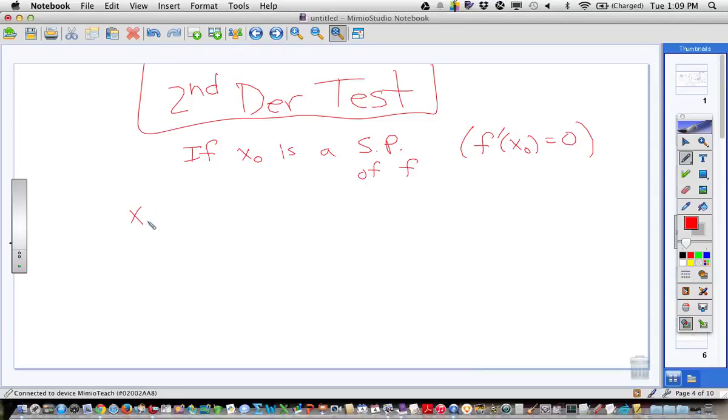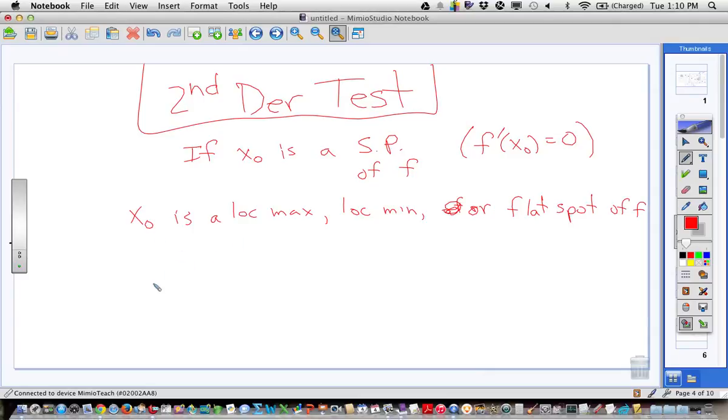So I'm just going to write that. x sub 0 is a local max, local min, or flat spot of f.